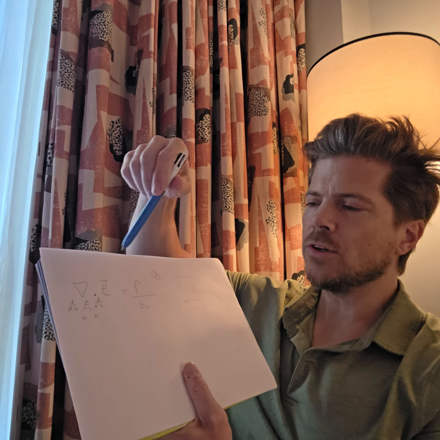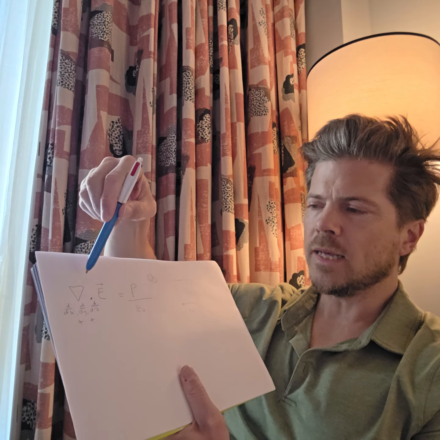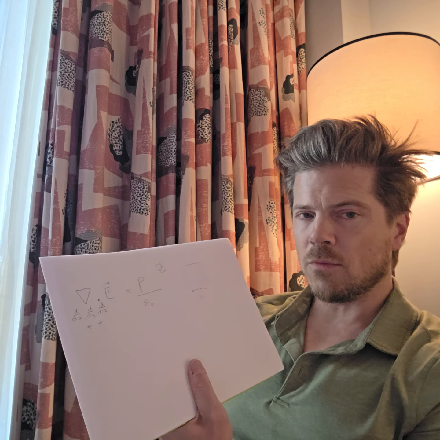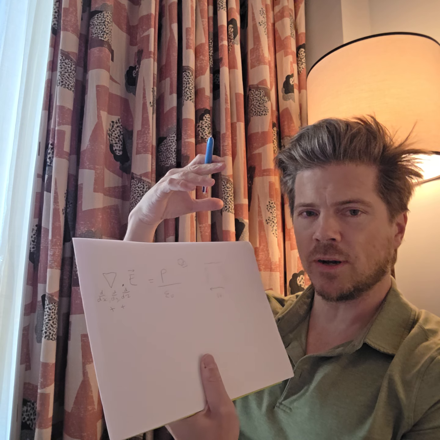So you can start to build a visual picture in your head that the nabla, or the divergence, the dot product, if you times that by epsilon zero, you get the charge density in coulombs per meter cubed. So there are a lot of ways to really visualize this, and it's down to you to understand which one works best in your head.